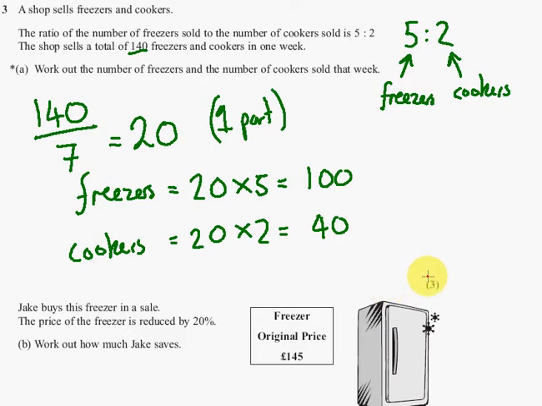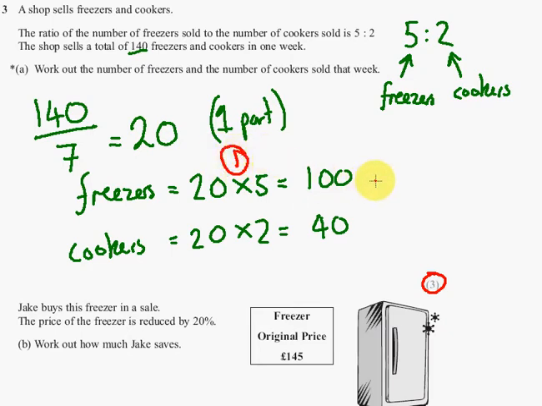Okay, now part A is worth 3 marks. Let's have a quick look at how you get those marks. So the first one is a method mark, okay, for finding 1 part and then timesing the 1 part by the number of parts of freezers, in this case 5, and 2 parts are cookers. So that's the first method mark.